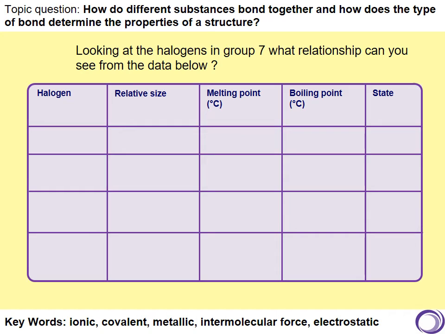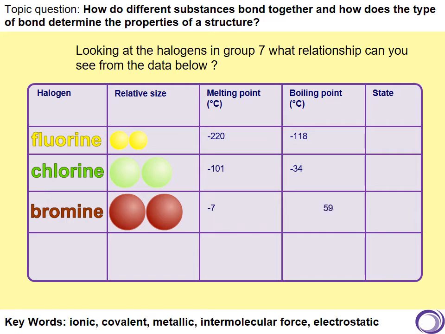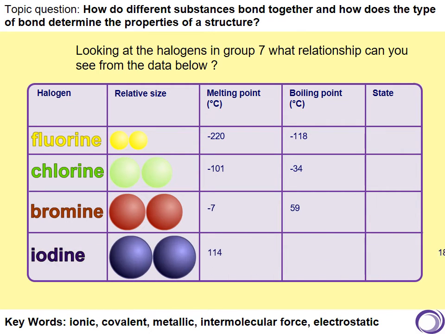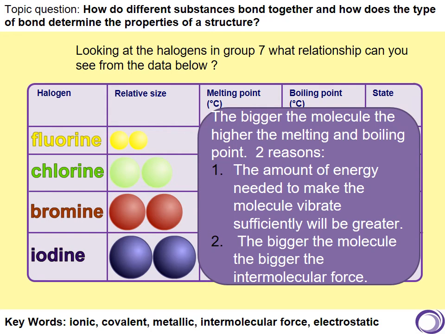And if we look at group 7, we can see that for each of the halogens, as you go down the group, the molecule gets bigger. And that means that as the molecule gets bigger, the melting and the boiling point increases. We look at the physical states of them then.